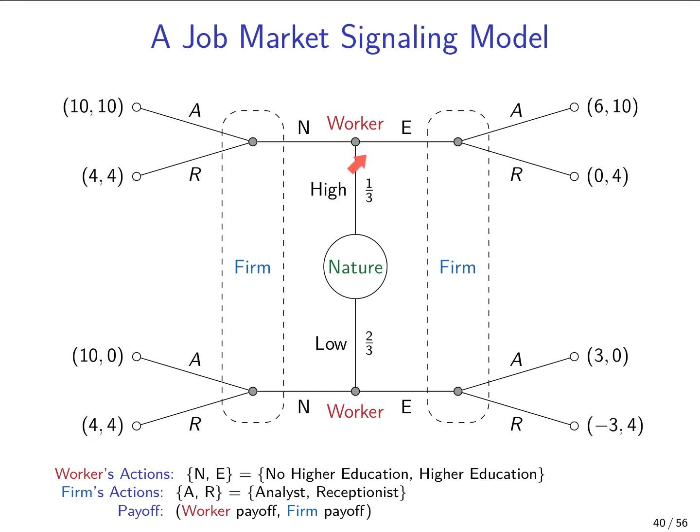And then the worker, learning about their type, would choose to get higher education or not. So here this is a high type worker, and here this is a low type worker, and for each of them, they could choose whether to get education or not.